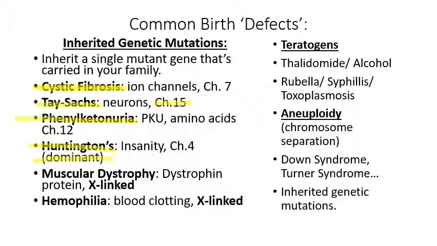And if you have the mutant gene, you're guaranteed to get Huntington's, and Huntington's is characterized by insanity, which means that if your father went insane and he was diagnosed with Huntington's, then you have to decide whether you want to go to the doctor and have a genetic test done to find out whether you have Huntington's or not.